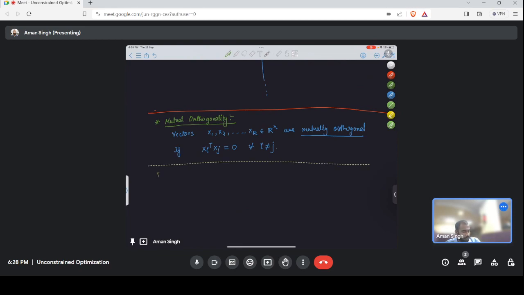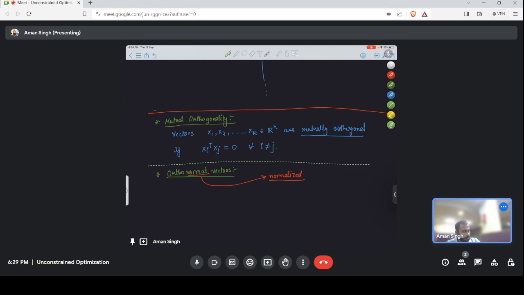And then we'll define orthonormal vectors. Normal means normalized. So by normal you should think normalized, not normal as in perpendicular. These are mutually orthogonal vectors whose individual norms are 1.